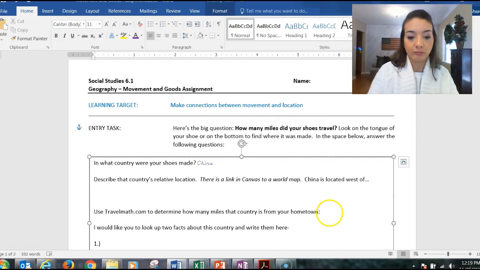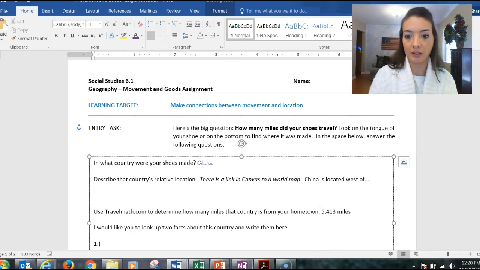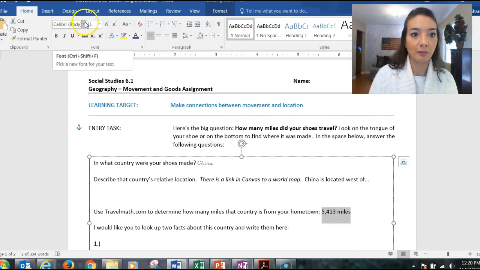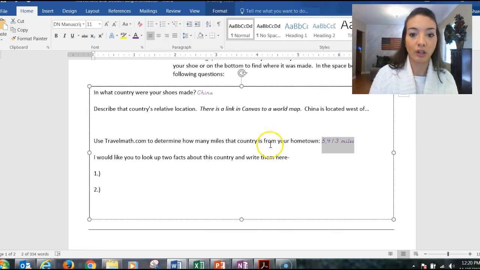Okay, go back and highlight and make it a different font and a different color. Okay, and then after that, you are going to use Google or Bing, which are search engines, any search engine that you want, to look up 2 facts about the country where your shoes were made. And then you're going to write those 2 facts here, okay?